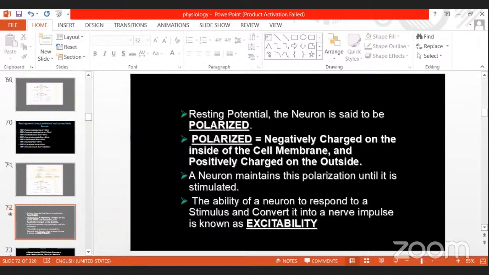So from a polarized state, if the neuron responds to a stimulus and converts it to an impulse, that is known as excitability. And we are talking about neurons here, because neurons are the ones which send impulses all over the body.